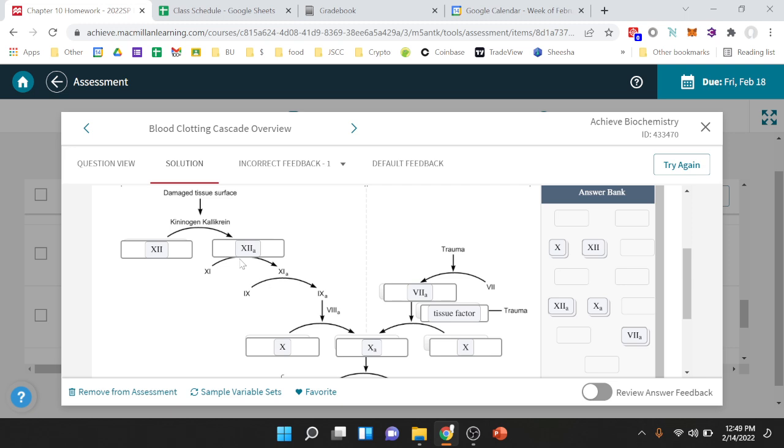Do you guys know why this is a cascade, right? So each of these is activating enzymes, which will activate more and more and more. So let's say this does 10. We get 10 of these. The next step would be 100, right? Next step's 1,000. Next step's 10,000.